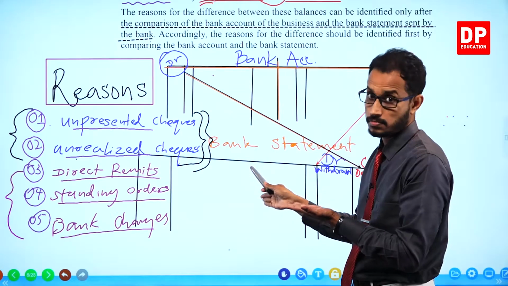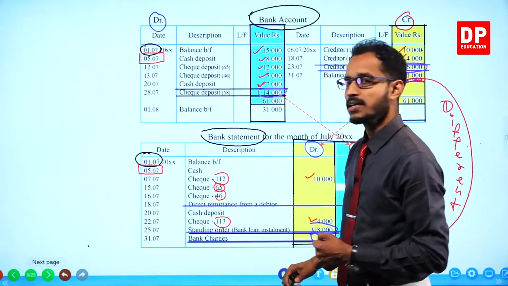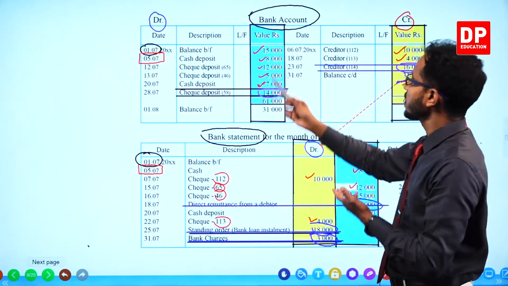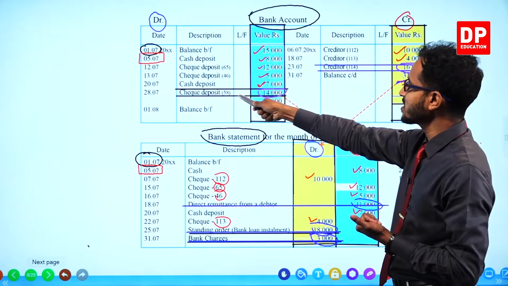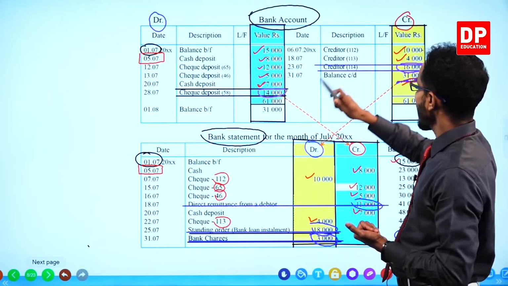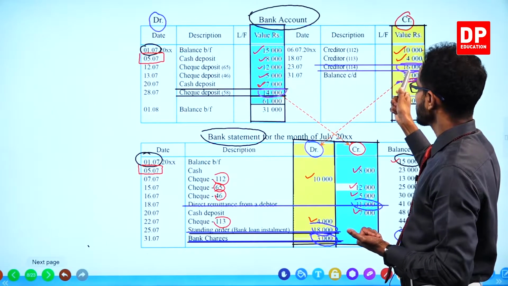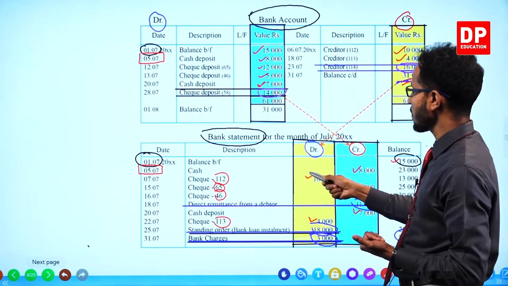Exactly what we found in this screen. We found one check which is missing in the bank statement on the debit side and another check which is missing in the bank statement.